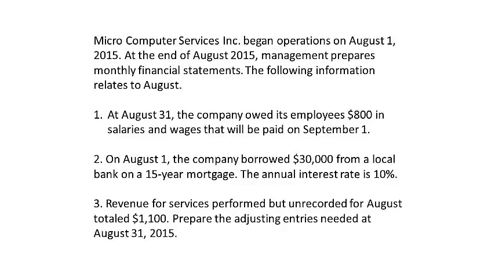So we need to record an adjusting entry that gets this expense into August on the income statement and recognizes on the balance sheet that the company has this obligation to its employees as of midnight on August 31st. To do that, we're going to record an adjusting entry that is a debit to wage expense of $800 and a credit to wages payable, a liability account, for $800.